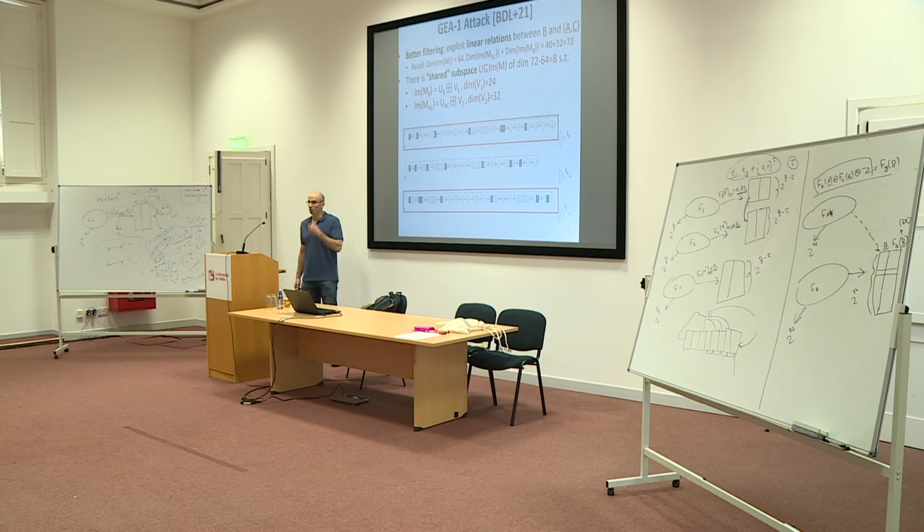Is this clear? This is what we were missing in the filtering. And as we will see, it also allows you to improve the space complexity quite easily, without even doing much.